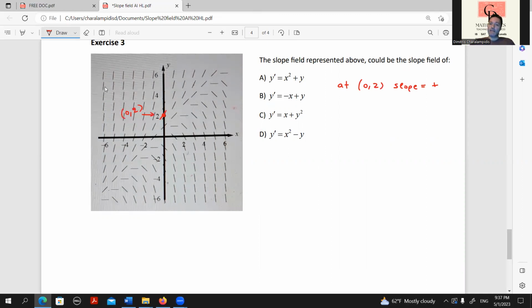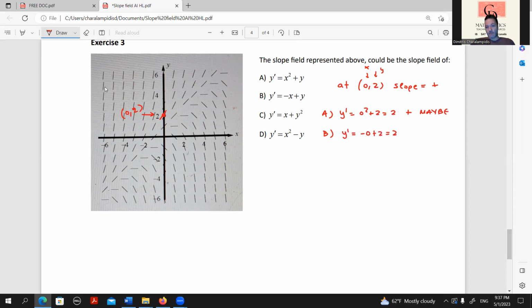So I can take these coordinates, x and y, plug them in each one of the 4 possible answers, and see what happens. In A, for instance, y derivative is 0 squared plus 2. It is 2. It is positive, so we could say that maybe it is A. In the second one, y derivative is minus 0 plus 2.